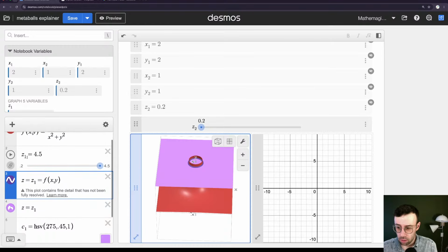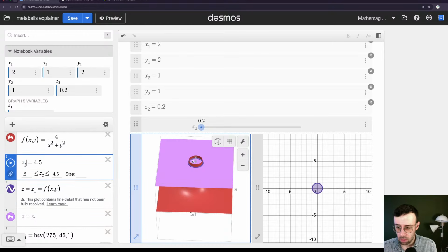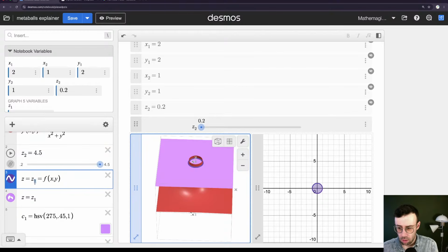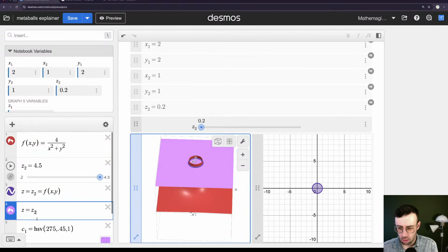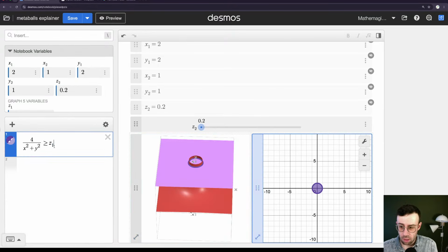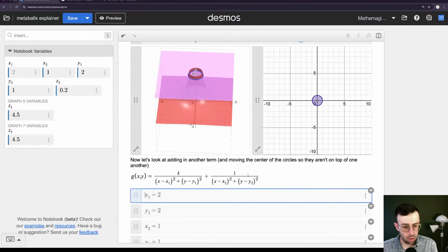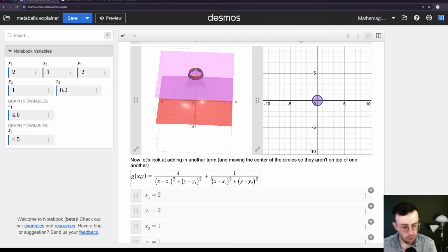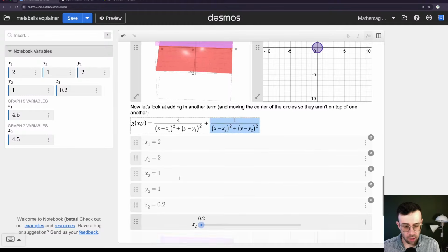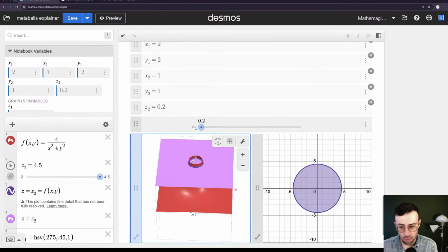I'm going to change them to Z2, Z2, Z2. I'm going to make this Z2. And then I'm going to add in the other part of the equation, which is this part. Oh, I also need to add an x1 and y1. Let's see what happens. Let's do that first.